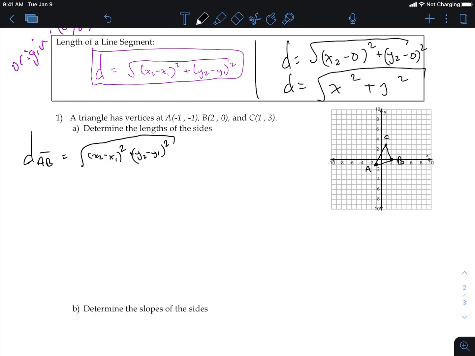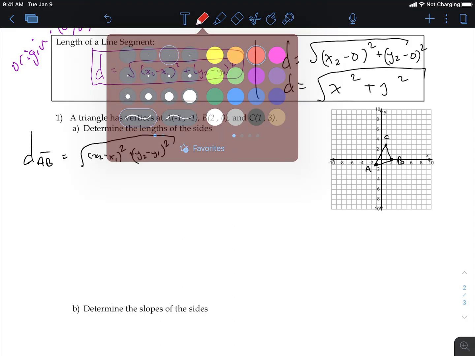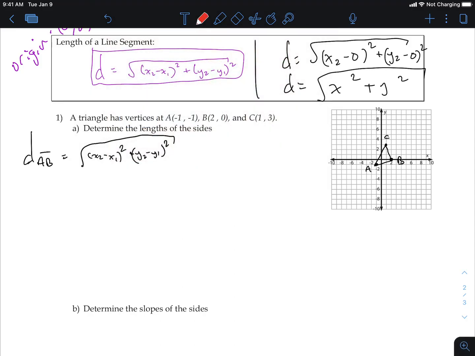Okay? Doesn't matter what order you do it in, as long as it stays consistent. And by that I mean which point you pick to be point 1, point 2. Doesn't matter. What do I want? I want AB, so I'm going to pick x1, x2, y1, y2. Plug them in. So x2 will be 2 minus -1. You gotta be careful with the signs in here, otherwise you get the wrong numbers.